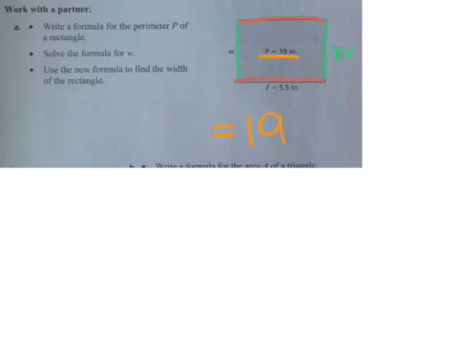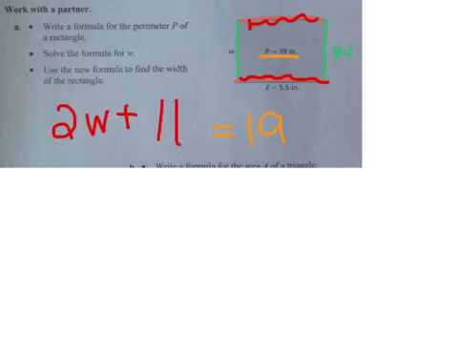So now, looking at this, how many W's do I have? Well, I have 2 W's, plus I have 5.5 on this side and 5.5 on this side, and that makes 11. So now I have a nice, easy formula to use. I also could have created a formula using the distributive property.